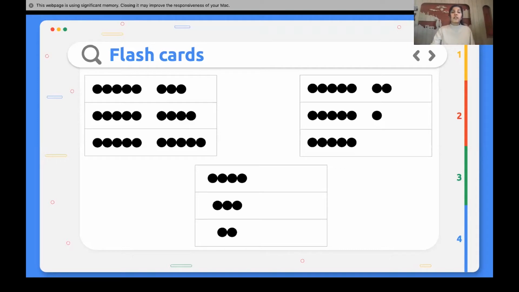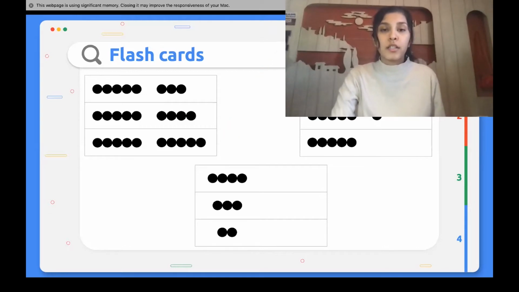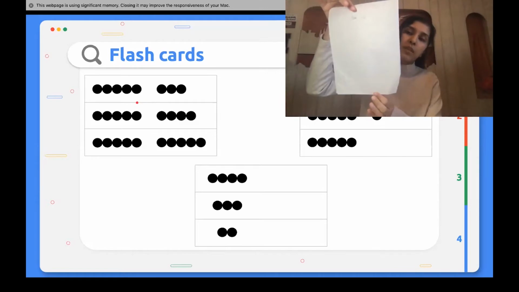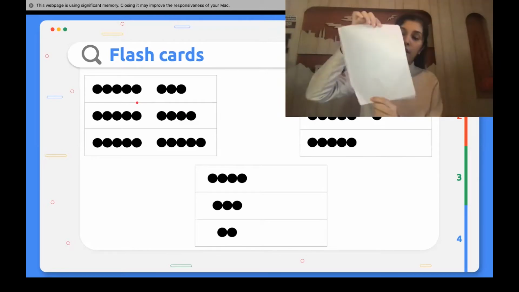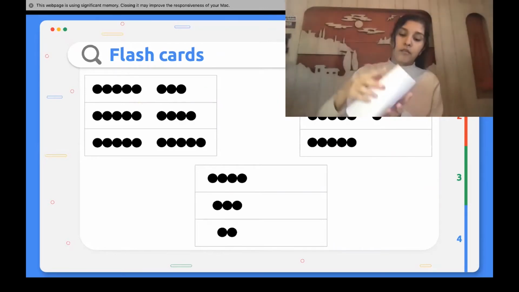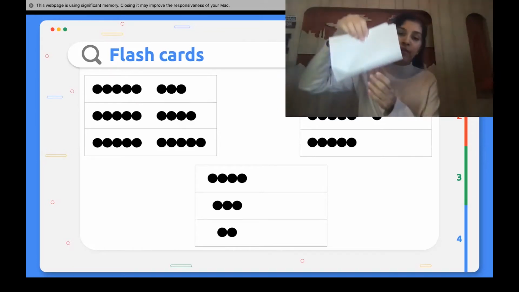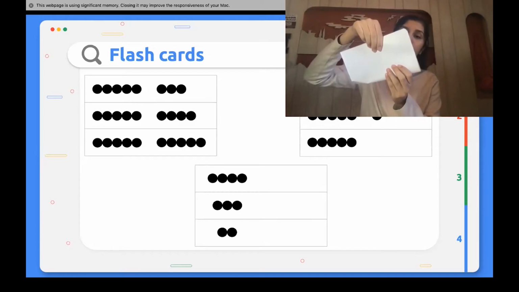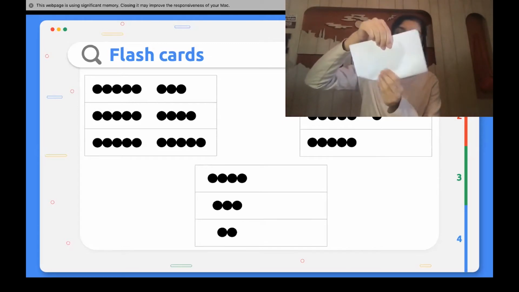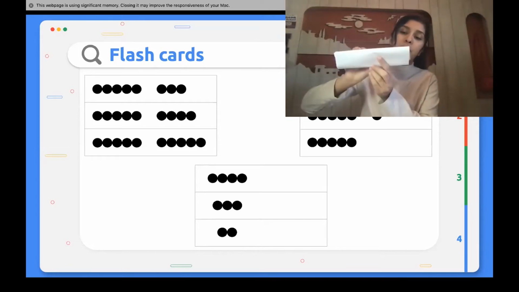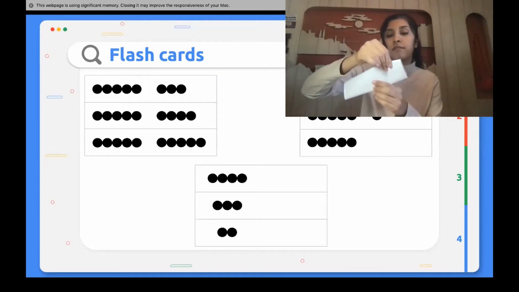Okay, so for that one, I'm gonna go ahead and make my screen a little bit bigger. To make the cards, you see how they're long? You can just get the piece of paper and then fold it in half, hamburger style, and then fold it again, but this time it's gonna be in hot dog style.